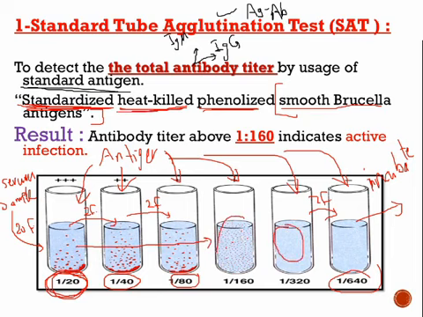This test tube, in which the agglutination is barely visible, I will use to determine the antibody titer. So the antibody titer is basically the reciprocal of the dilution of the test tube showing barely visible agglutination. So the antibody titer here is 160.